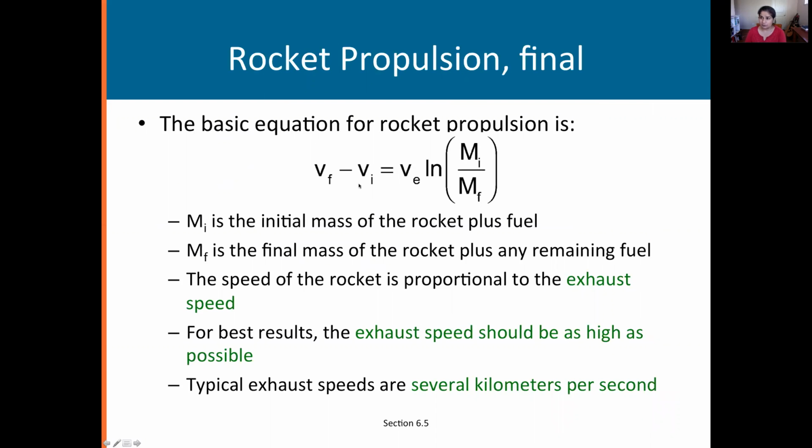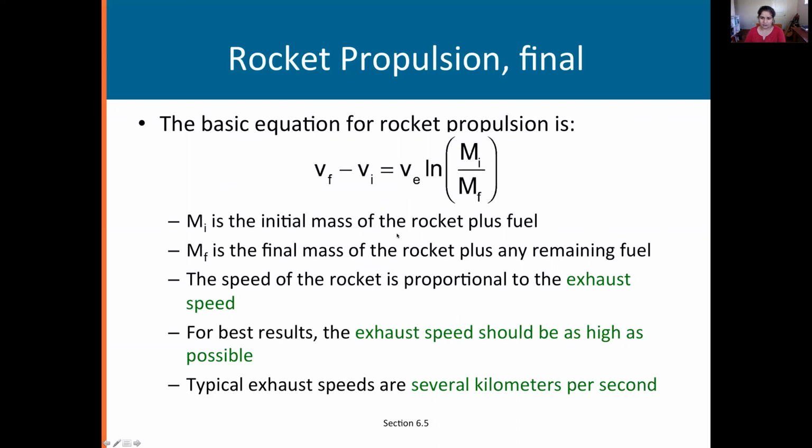So that change in velocity, remember, that's the acceleration. The change in velocity is proportional to the velocity of the exhaust gases and how fast the mass of the total system is reduced. So this is the initial mass divided by the final mass. Final could be at any point in time that you're looking at it. And this is the natural logarithm of this ratio, okay?